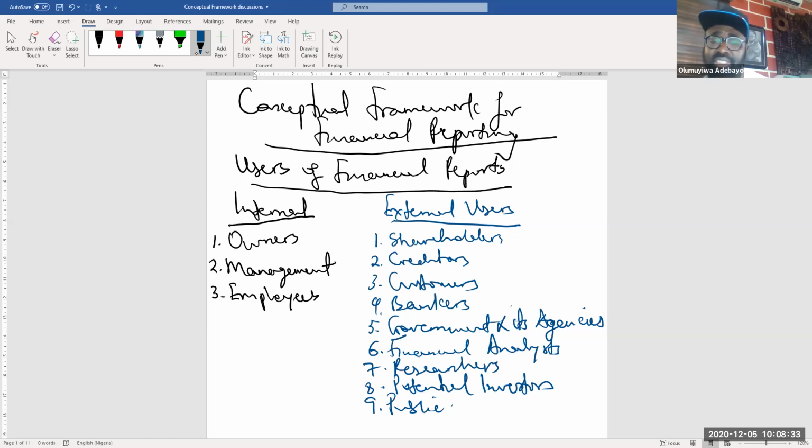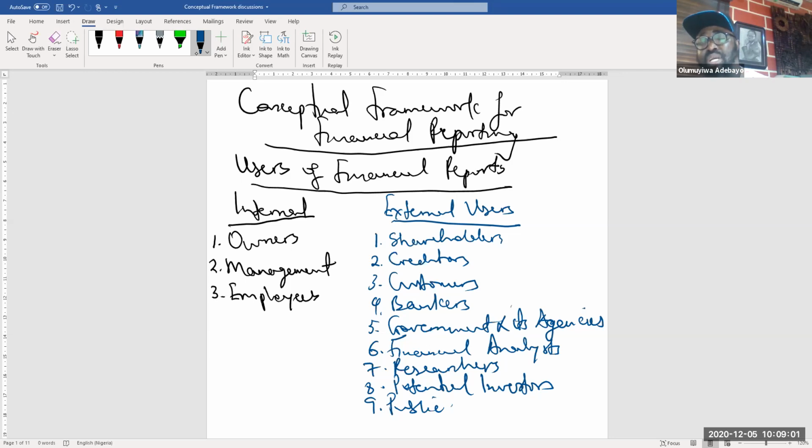Bankers are interested in it to appraise whether the capacity and the capability of the company support its demand for loans and advances. Government is interested in it for data and statistics, which is used by the Bureau of Statistics and other government agencies, and primarily government also is interested for tax collections and some other things.